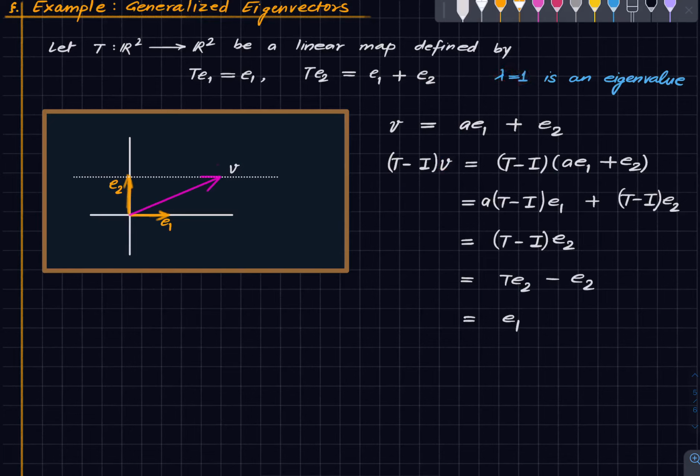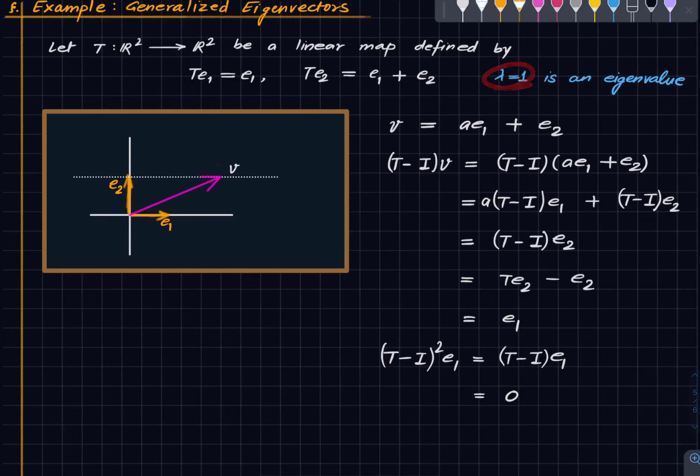But one more application of T minus I gives you 0, because again E1 is fixed by T as well as identity. So anything of this form is a generalized eigenvector of T corresponding to the eigenvalue 1, but not an eigenvector. In fact, everything in R2 is a generalized eigenvector corresponding to this eigenvalue.